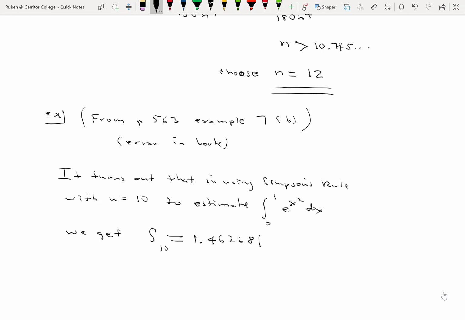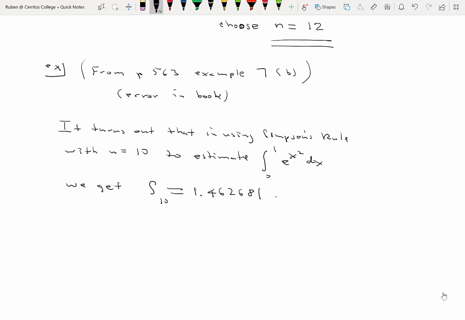So our problem, part B, is to estimate the magnitude of the error using Simpson's rule with n equals 10.